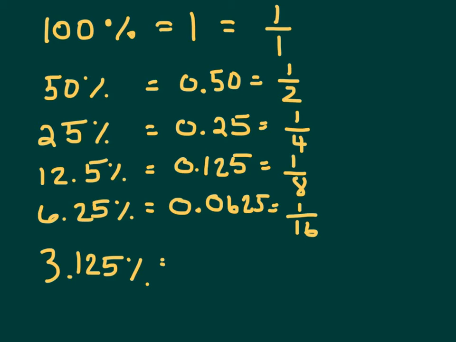Last one we'll do. We're not going to go past this number, right? 3.125% as a decimal. 0.03125. And as a fraction.